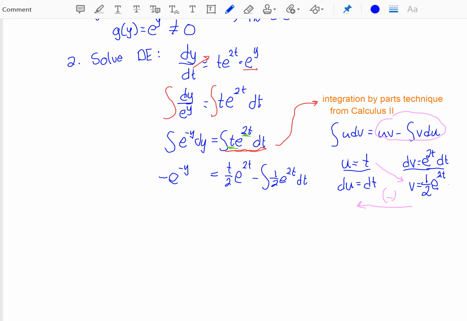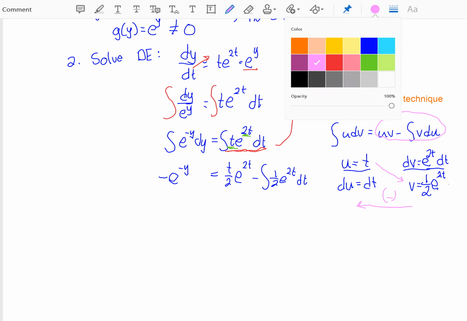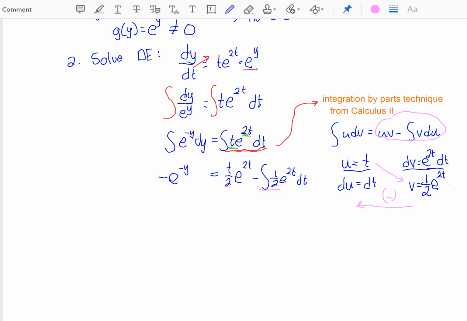In this problem, we took a complicated integral, t e to the 2t, and rewrote it in a simpler form with a simpler integral. Let's continue though. This is going to be negative e to the negative y, left-hand side.